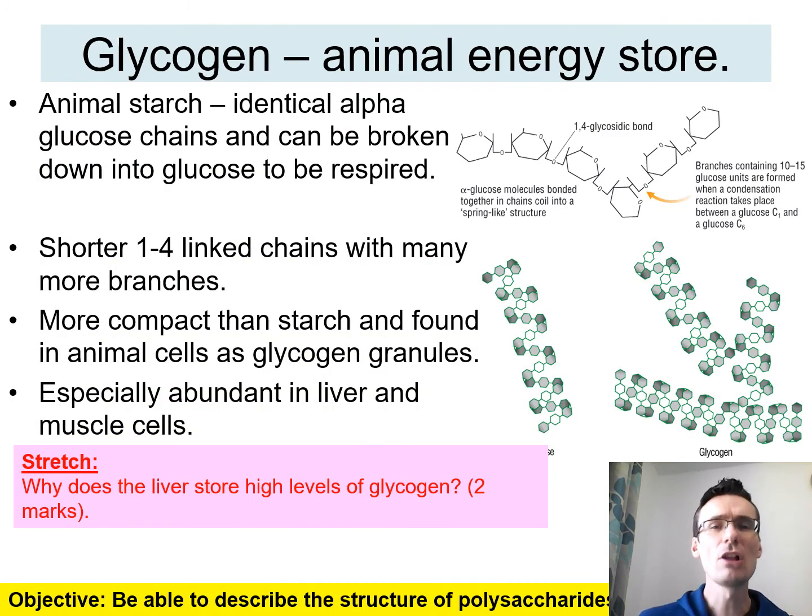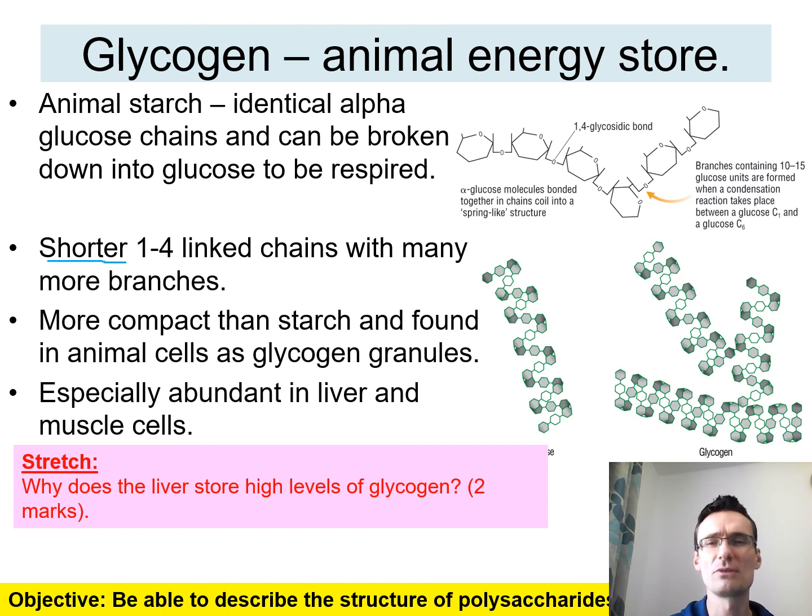The last bit is glycogen. Glycogen is like the animal starch, very similar in structure. Again, identical alpha glucose molecules join up to make a long chain which can be broken down. The difference with glycogen compared to starch is the chains are a lot shorter, so you don't get massive chains like amylose, and you've got more branches coming off.